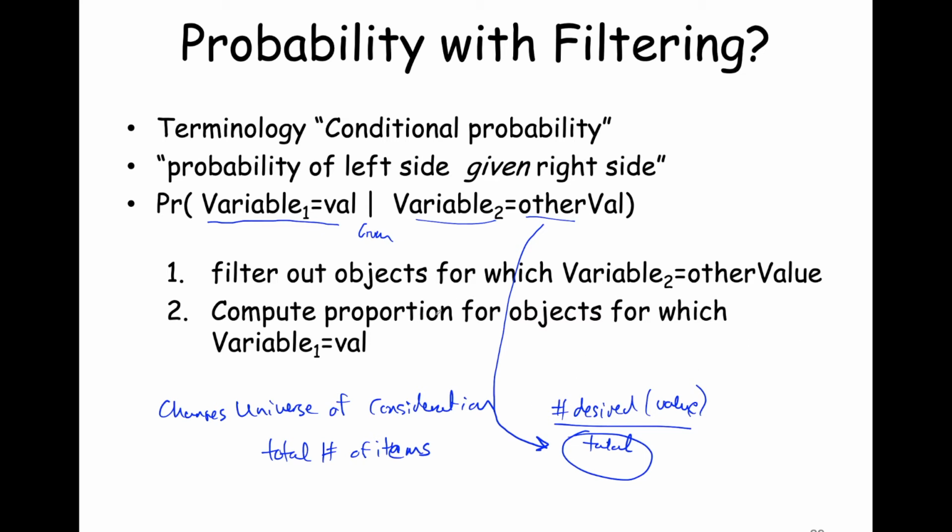You then calculate the proportion of objects for which variable 1 is equal to value, and that's the desired. So it's the desired over this new total, as a result of reducing your universe of consideration, i.e. considering only those objects for which variable 2 is equal to other value.